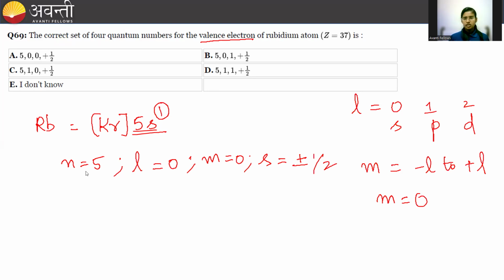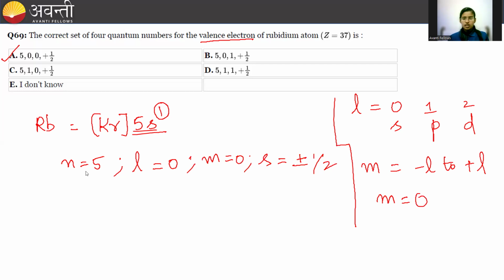We can have anything. So we have n is equal to 5, l is equal to 0, m is equal to 0, s is equal to plus half or minus half, as given in option A. Okay. So option A is the correct answer for this question. Got it?